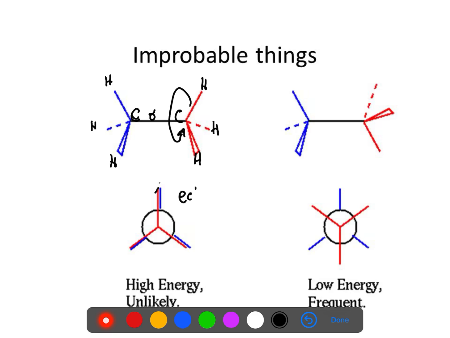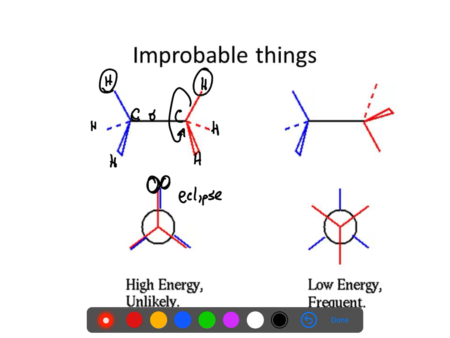As we rotate it, if we put it into what's called an eclipsing arrangement, then the hydrogens connected to the blue and the red here, if they line up one behind the other, then those charge clouds interact with each other and it creates repulsion, and that creates high energy.